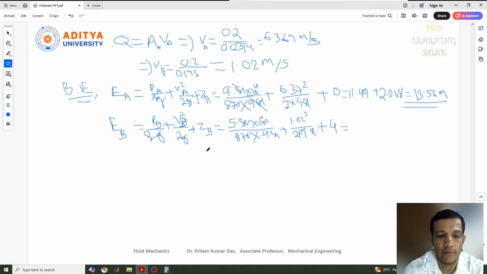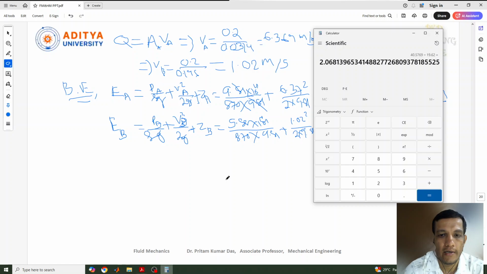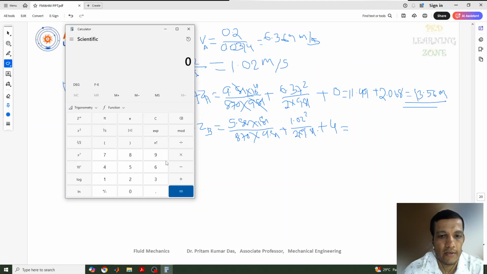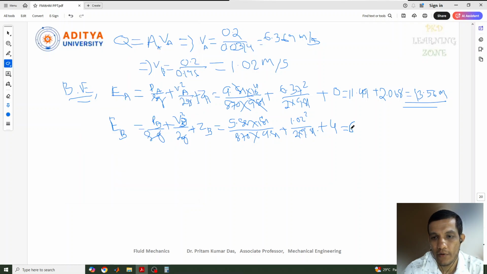Now we solve all these values. 5.88 into 10,000 divided by 870 divided by 9.81 gives 6.89, this is the pressure head.